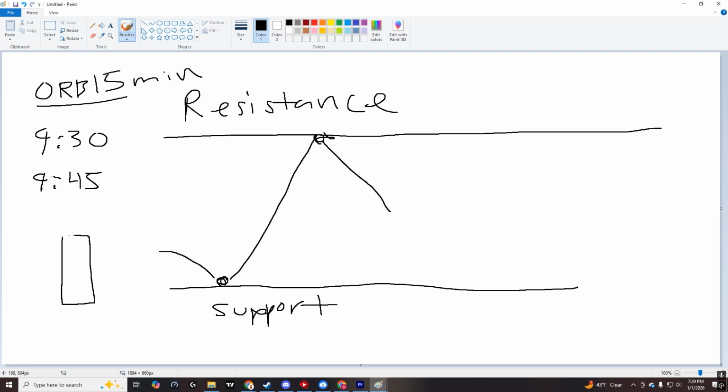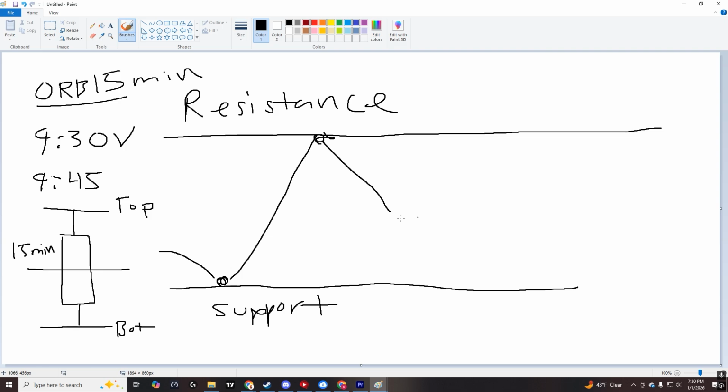So if we were to draw a candle here, and this is anyone's candle, the apex of the 15-minute candle, this is the first 15-minute candle of the session start. The ORB would be bottom ORB right here. So this is bottom ORB, and this would be top ORB, and the midline would be here.